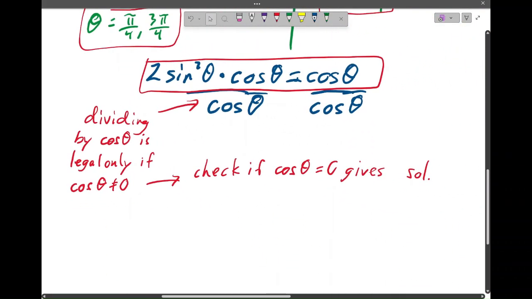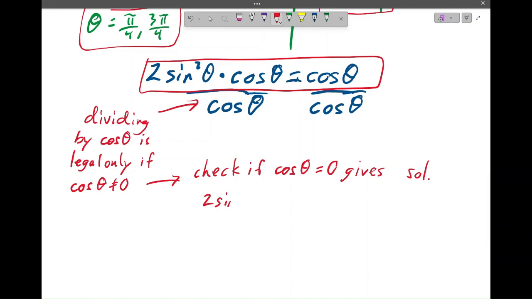So if cosine theta is 0, then I will have 2 sine squared of theta times 0 equals 0, which is actually a true statement. So it turns out that the angles that make cosine of theta equal to 0, again, within the window of 0 to 2 pi, will actually be solutions to this equation.